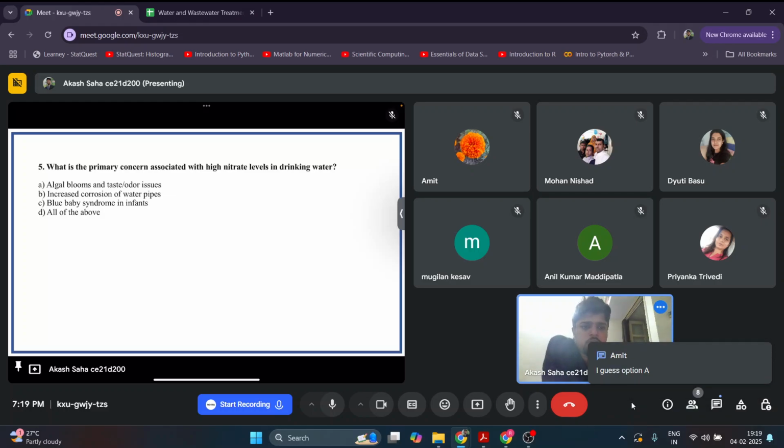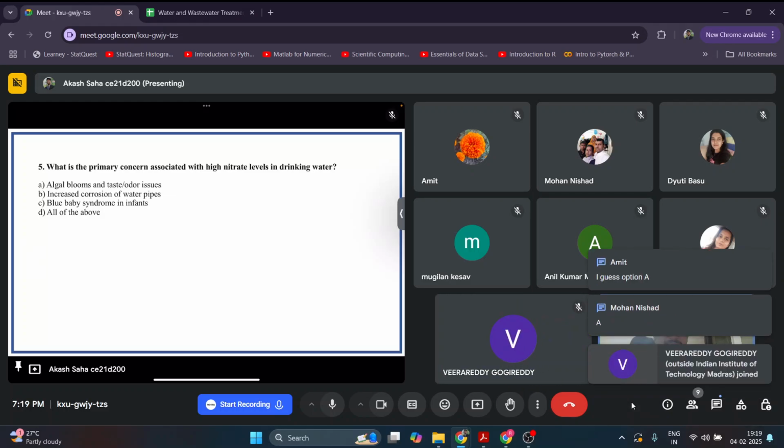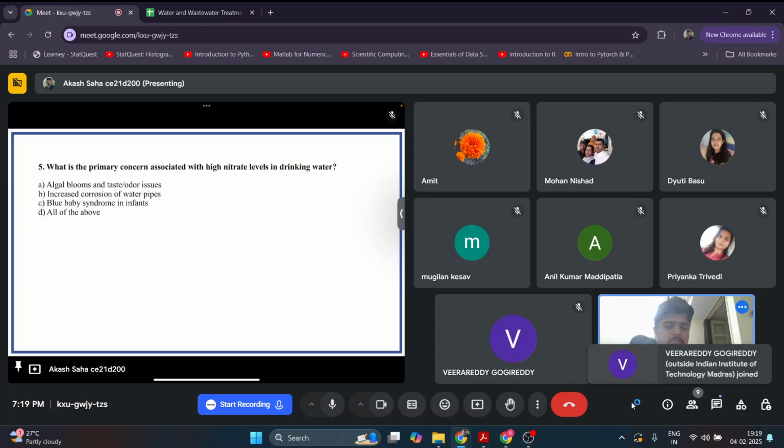So we are talking about high nitrate levels. Just think in terms of nitrate. Don't bring the overall nutrients into the picture, which we discussed in the last question. If there is too much nitrate in the water, what would happen?